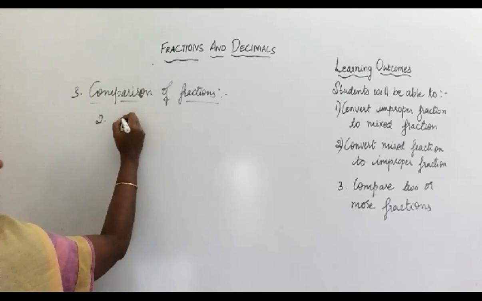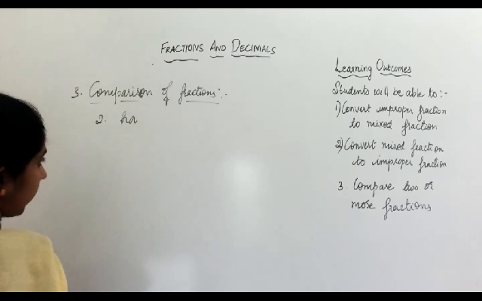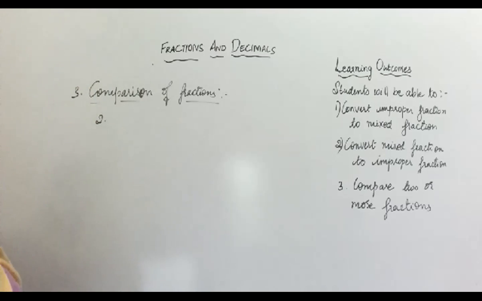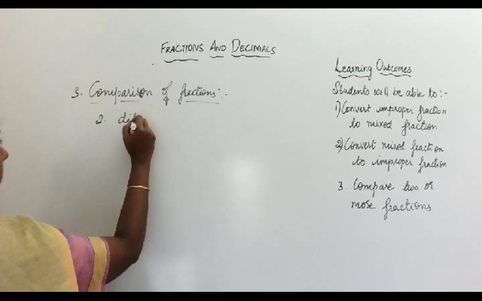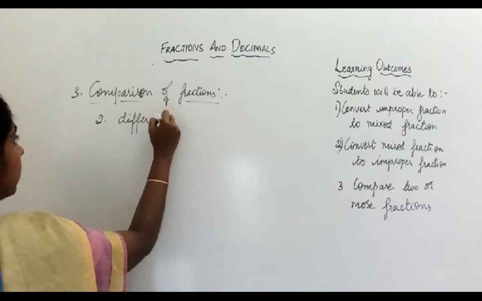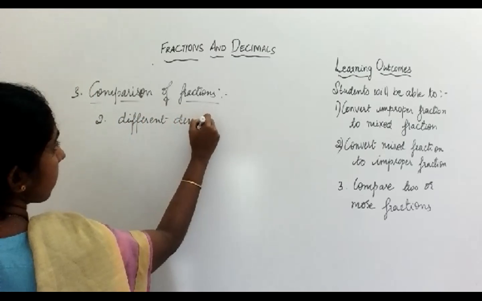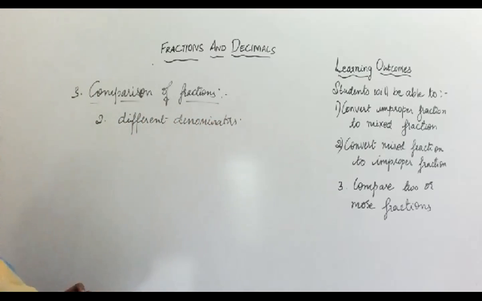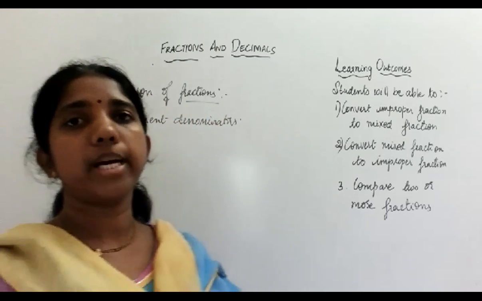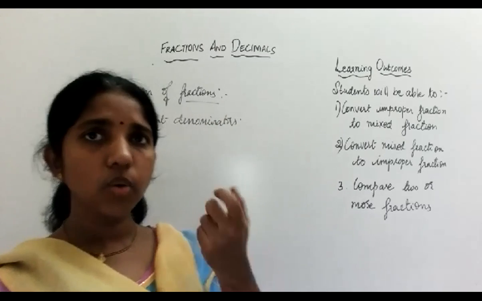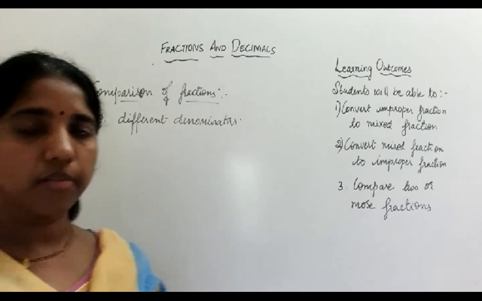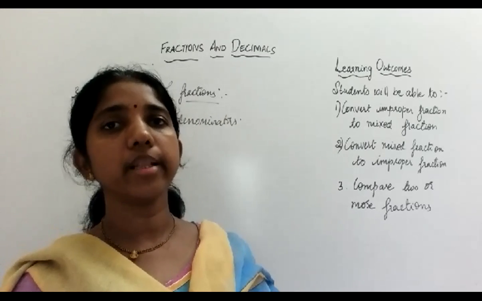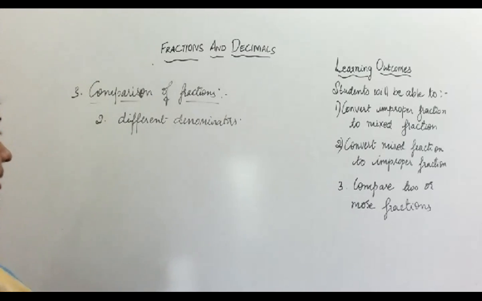Compare fractions having different denominators. So when the denominators are different, how do we compare the fractions? Here you have to do a little work. Extra work should be done to compare the fractions.